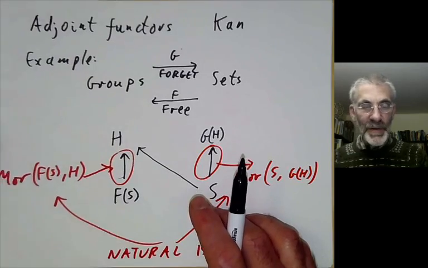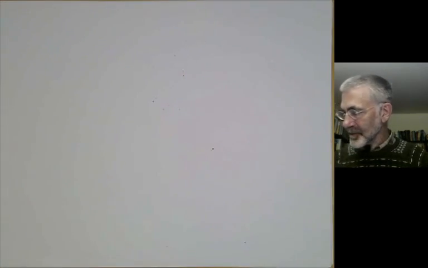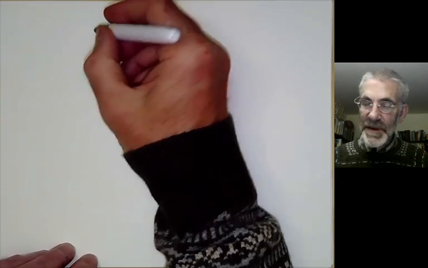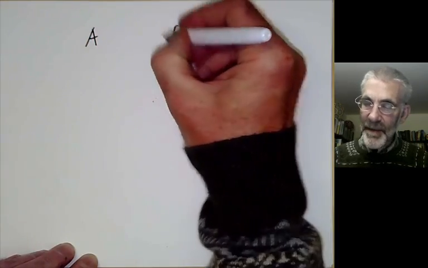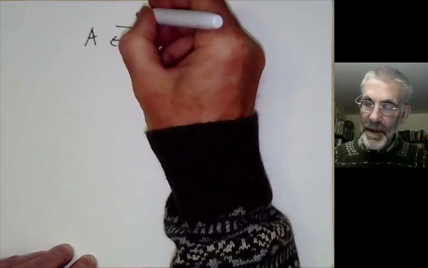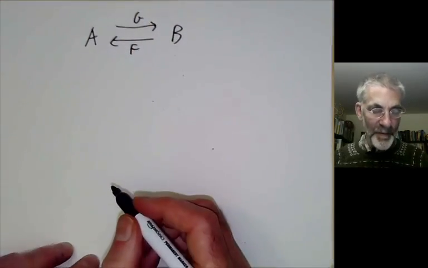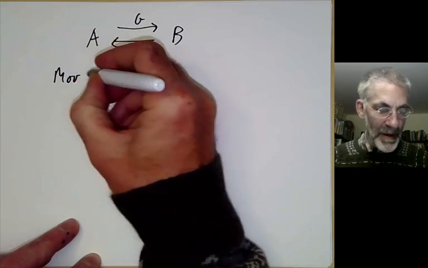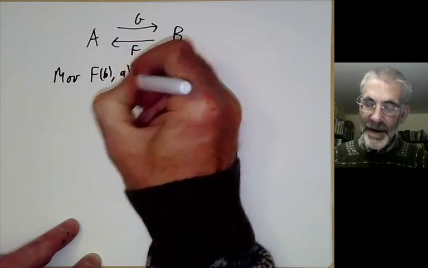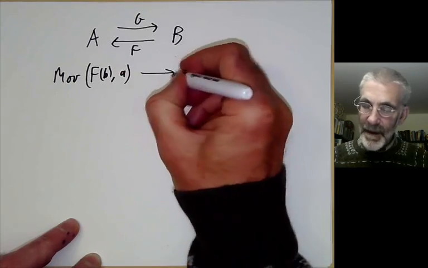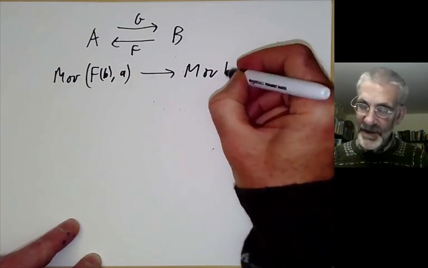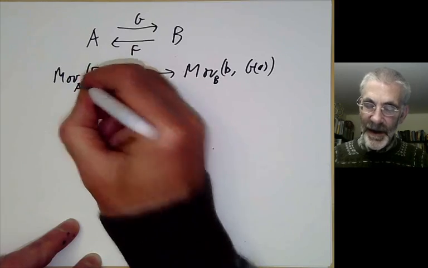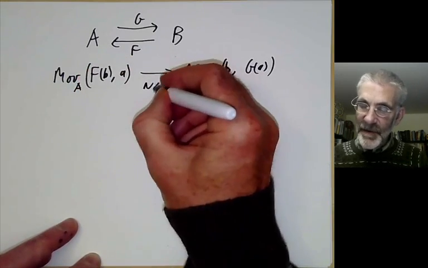And now we use this to motivate the general definition of an adjoint functor. Suppose we take two categories A and B, and we have functors G and F going between them. Then we say that these are adjoint if the morphisms from FB to A in the category A can be identified with the morphisms from B to G of A in the category B. So this is in B and this is in A. And this is going to be a natural isomorphism.